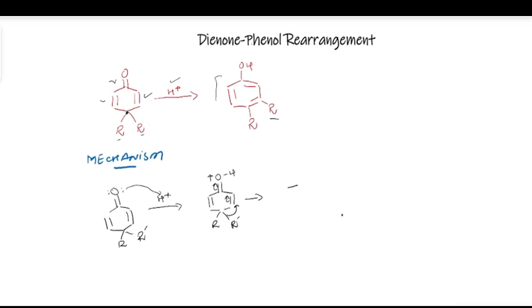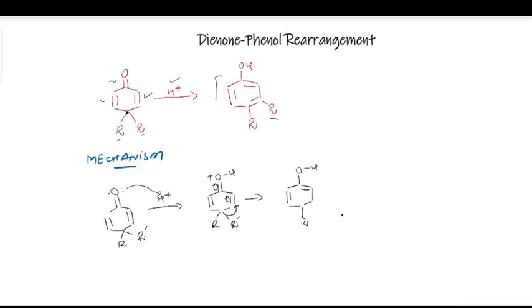So what we get as a result is this moiety. We now have an R group here. This double bond is intact. We have a carbon-oxygen single bond. The positive charge is gone, and we have a pi bond here.